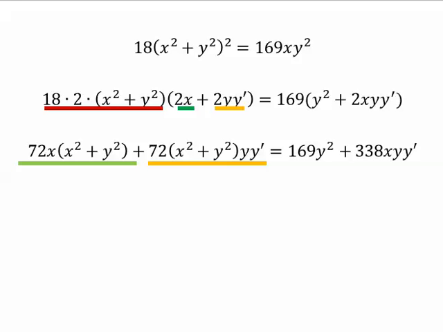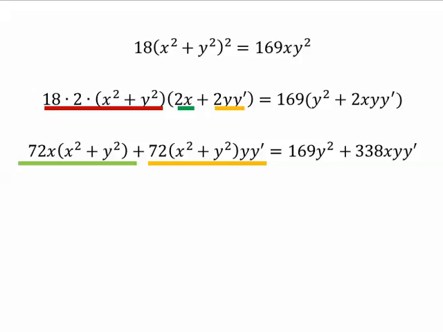So I have to go red times green plus red times orange. When I go red times green, I get this long green. When I go red times orange, I get this long orange. The right-hand side, that's a little bit easier. I'm just distributing 169.